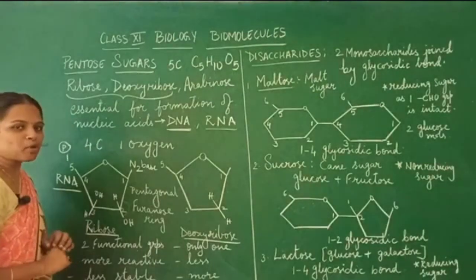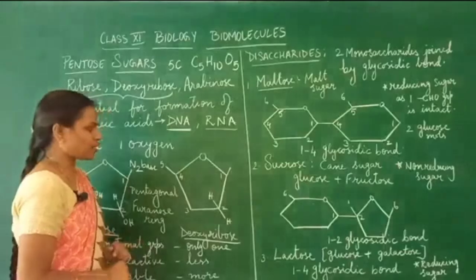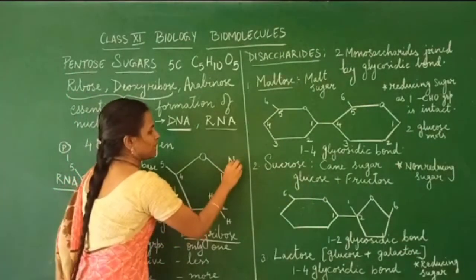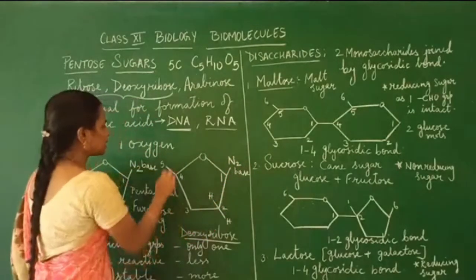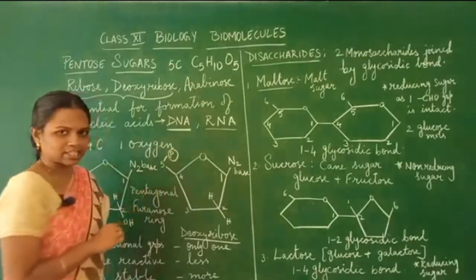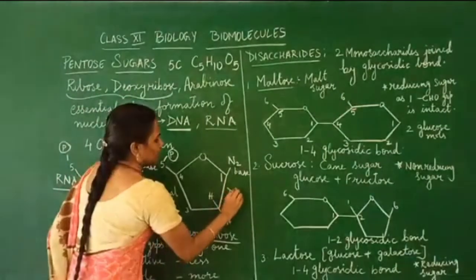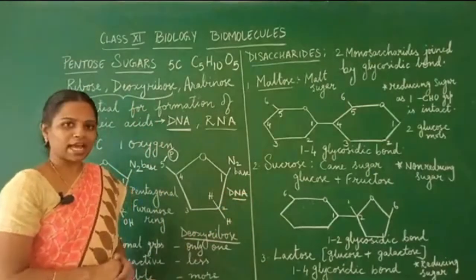In the same way, for the deoxyribose, if at the first carbon atom the nitrogenous base attaches and at the fifth carbon atom the phosphoric acid attaches, then this becomes DNA, that is nothing but deoxyribonucleic acid.